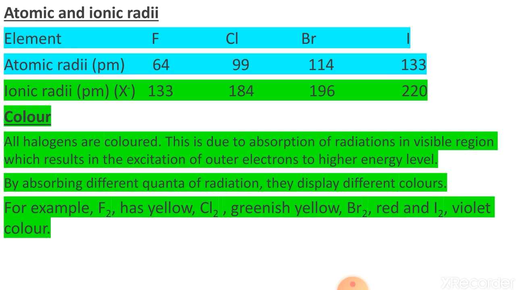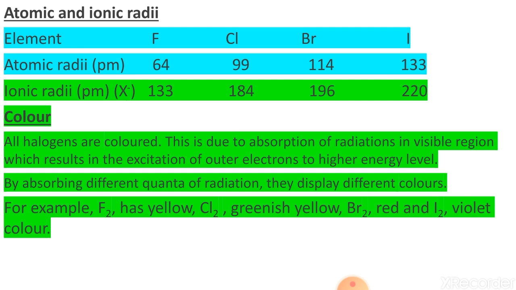Fluorine requires large excitation energy because the force between the nucleus and the outermost electron is very large. Due to this, it absorbs high energy, that is violet light, and hence shows a yellow color.